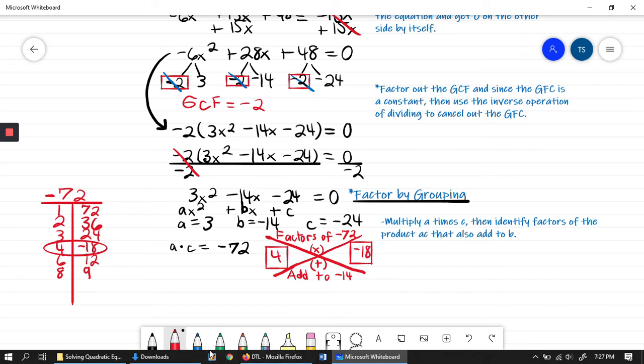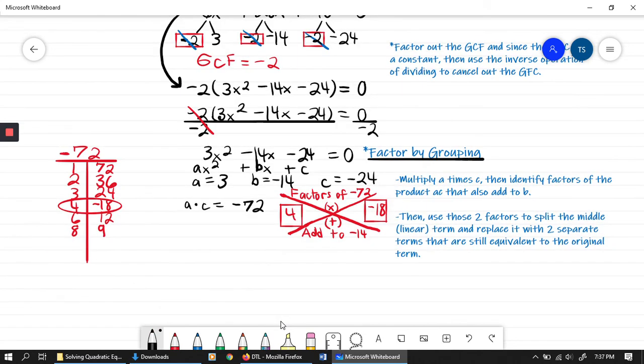All right, so once we've got those two factors, we need to use those two factors to rewrite, in other words, to replace the middle term, negative 14x. And so we'll replace the negative 14x using those two factors.